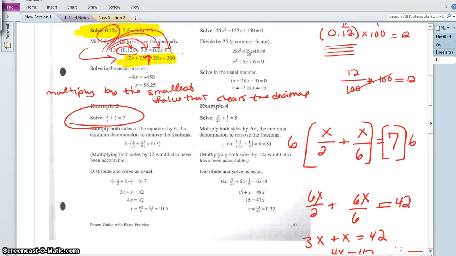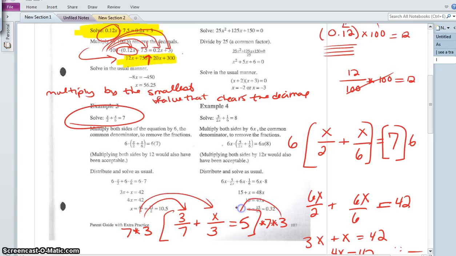When the two denominators are not compatible, let's say 3/7 plus x thirds equals 7. Let's make that another number, equals 5. Then we're going to have to multiply by both 7 and 3 because neither 7 nor 3 is a factor of the other. So each of these will be multiplied by 21.